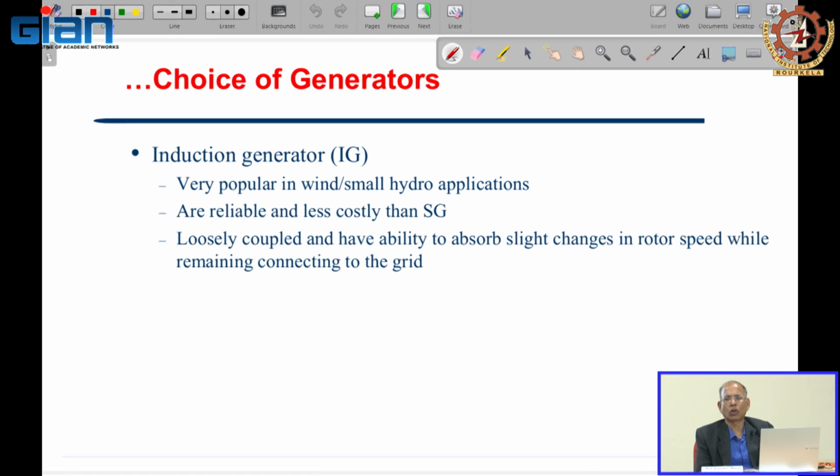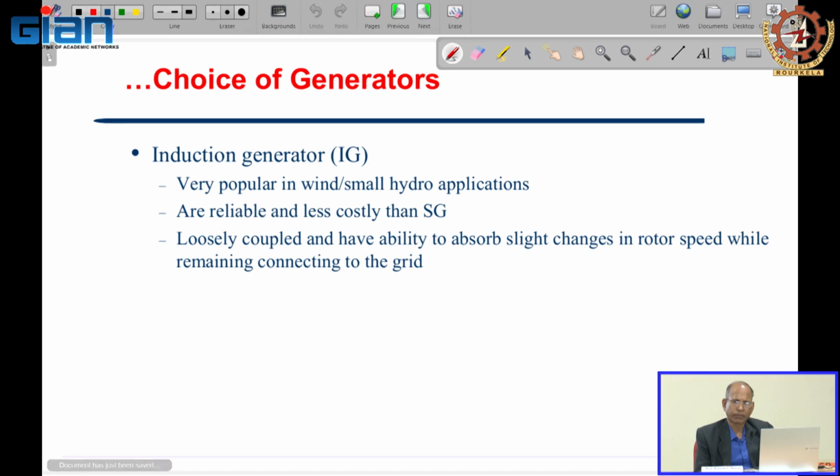Now let us talk about the induction generator. As you know, based on the induction machine you can have two types of generator: one based on the squirrel cage induction machine, the other the slip ring or wound rotor. The squirrel cage generator is very robust in construction and requires very little maintenance. So in remote areas the squirrel cage induction generator is very popular.